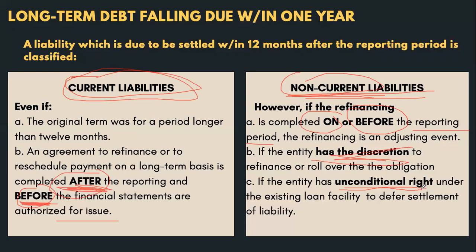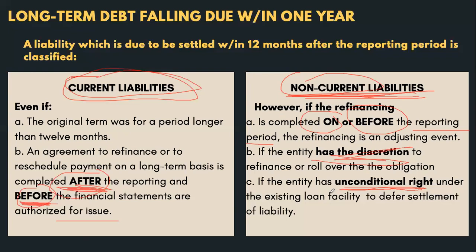Therefore, if naasa unconditional right, naasa right nga i-refinance, i-reschedule ang term sa long-term debt, then therefore, the liability is classified as non-current liability. So, balik tayo dito sa katong gi-provide sa standard kung kanus current ang liability. Gi-provide dito last item na dapat the entity has no unconditional right. But in this case, naasay unconditional right, di ba, to defer settlement of liability.